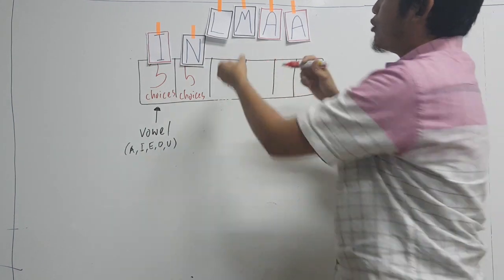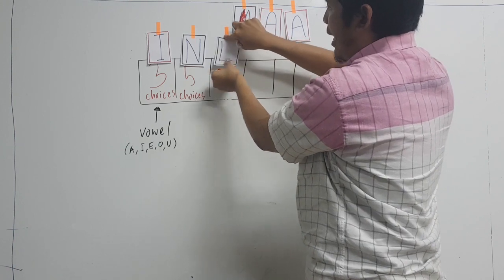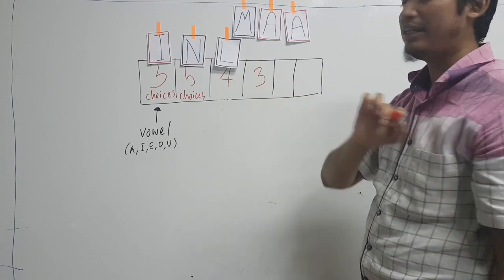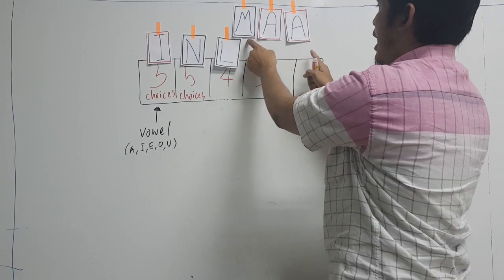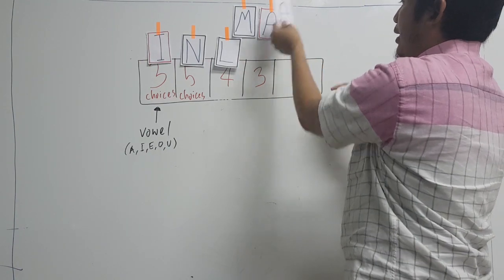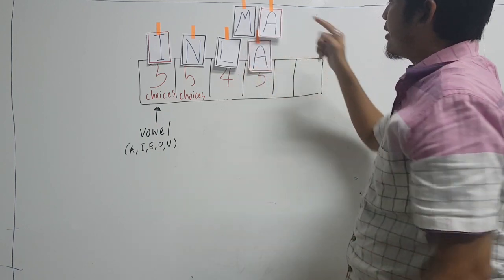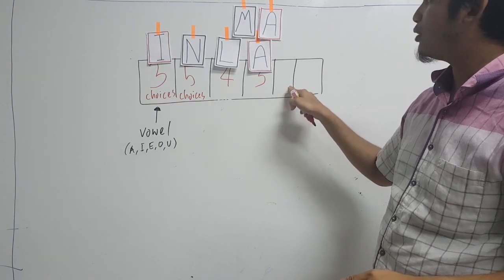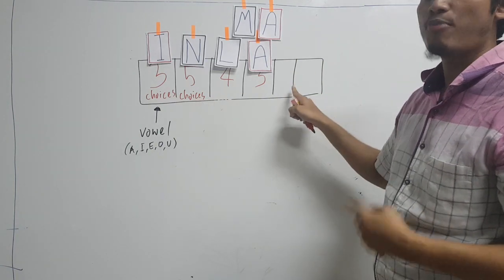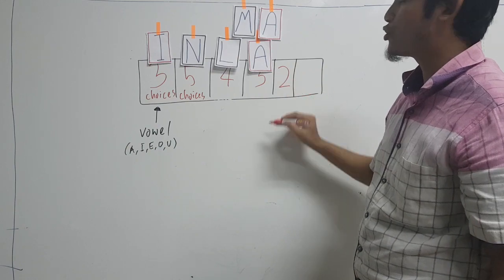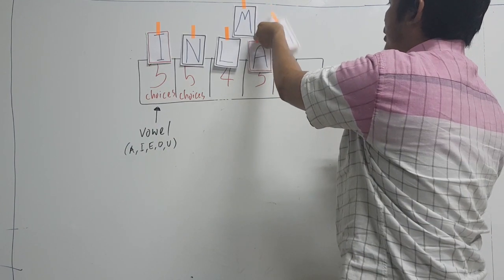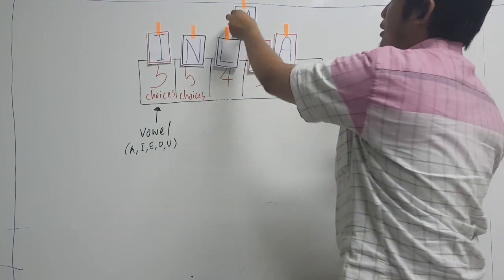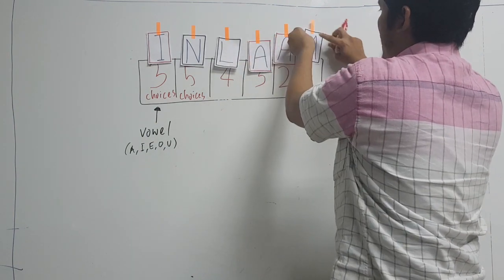After we put one here, we have 3 more letters, so we have 3 choices, either M or A or A. Let's say we put A here. Then there are 2 more letters to be chosen for the 5th box, so we have 2 choices. Let's say A also here. And for the last, we only have 1 choice, so let's say M here.